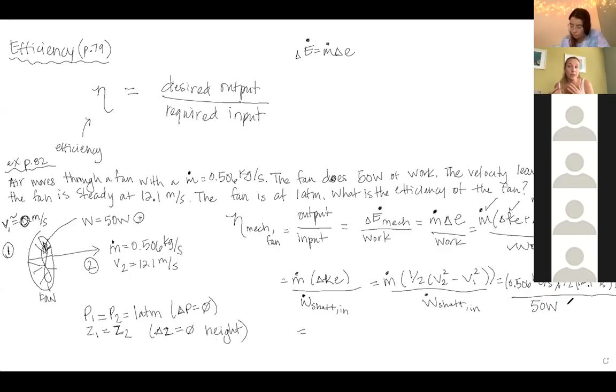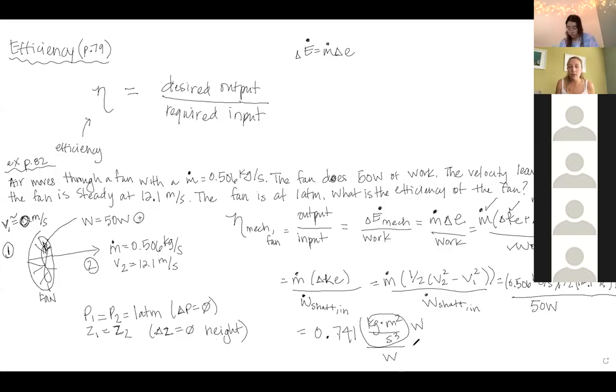Do those cancel? Yeah, so that cancels, right? So our value, when you plug these into your calculator, you get 0.741 kilograms meters squared per second cubed over watts. This is a watt. You need to memorize that if you haven't already.